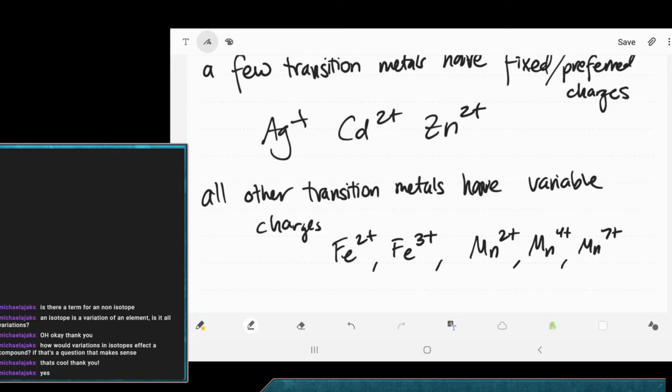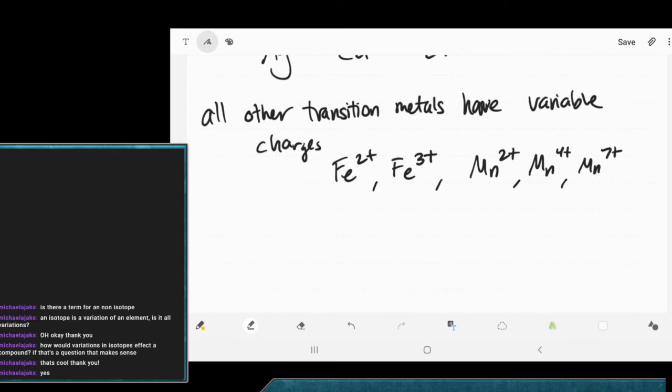It's going to occur in different, what are called oxidation states, different charges. So it's not going to be obvious right away which iron we're looking at. We'll see there are ways to tell when we're looking at a compound with one of these particular iron ions. So the transition metals do have variable charge, for most of them. There are 3 exceptions.